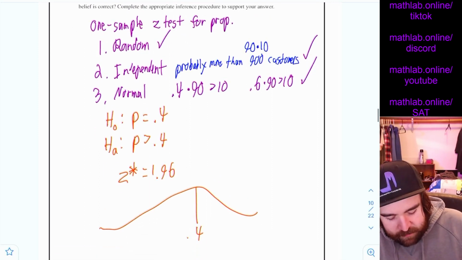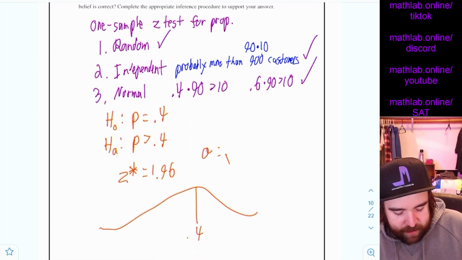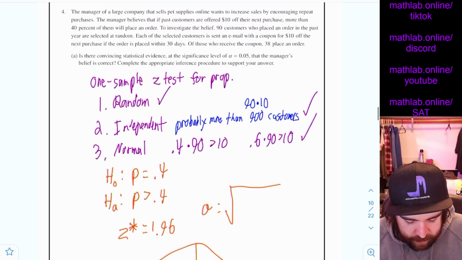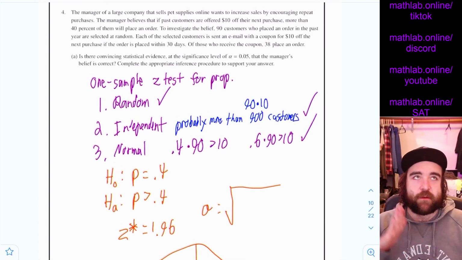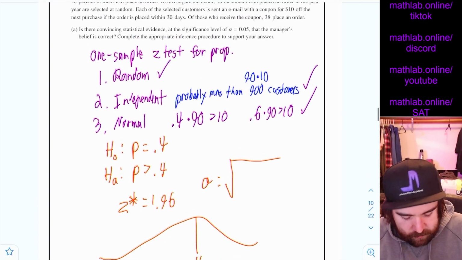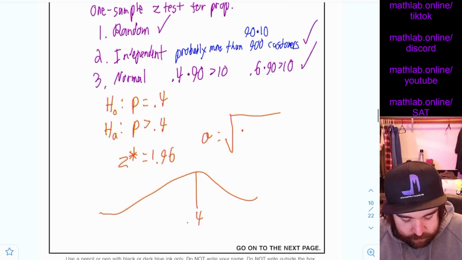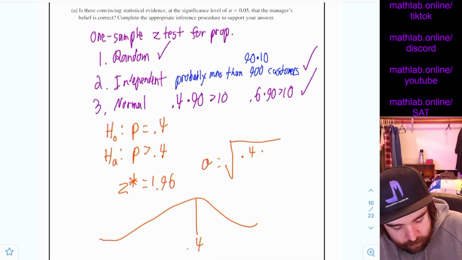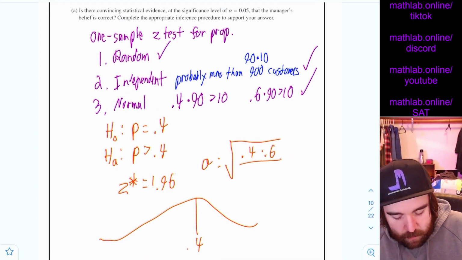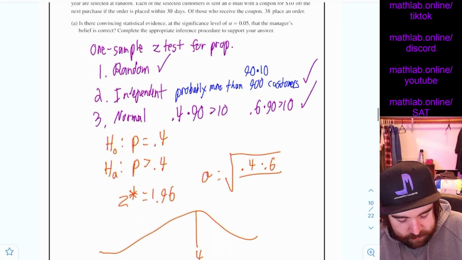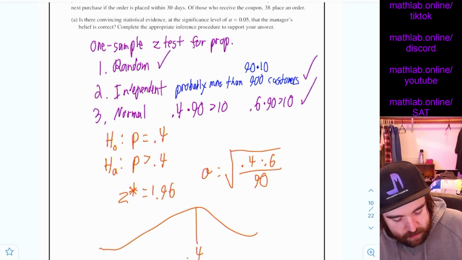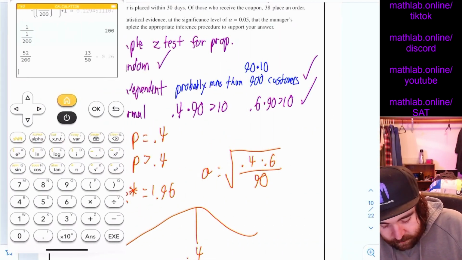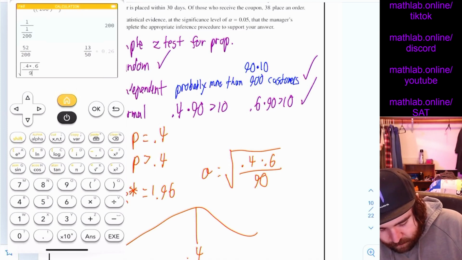We have to calculate the standard deviation or the standard error, whatever you want to call it. And again, it's based off of the assumed results, because we're assuming these are true. That's why we're drawing our mean at 0.4. And so this is going to be 0.4 times 0.6 over the sample size of 90. That's just a formula. So that's the square root of 0.4 times 0.6 over 90.